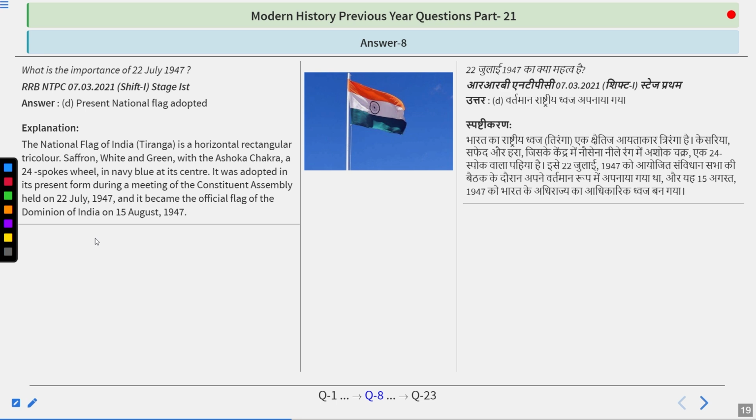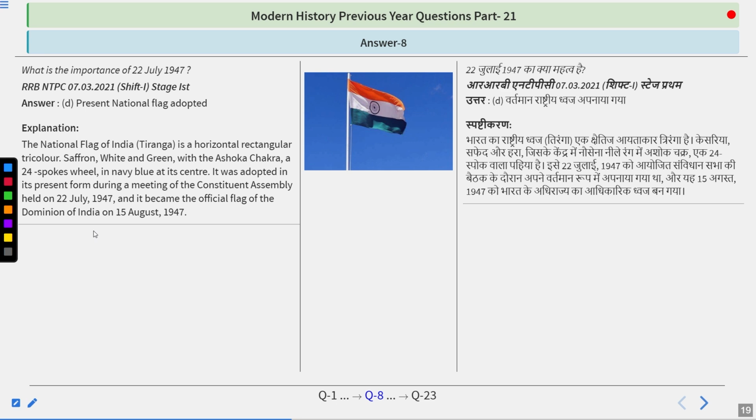Do remember that the present national flag was created by Pingali Venkayya. Remember that name as well. So the answer is present national flag was adopted on 22nd July 1947.